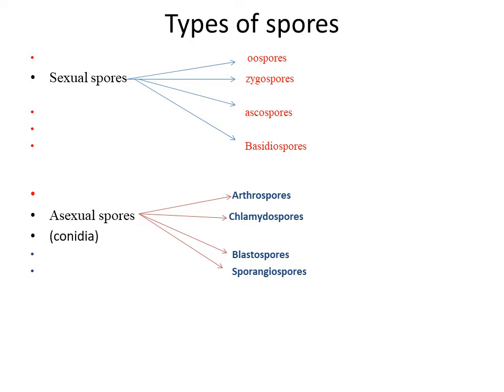Sporangiospores are asexual spores formed within a sac called sporangium at the end of the aerial hyphae.